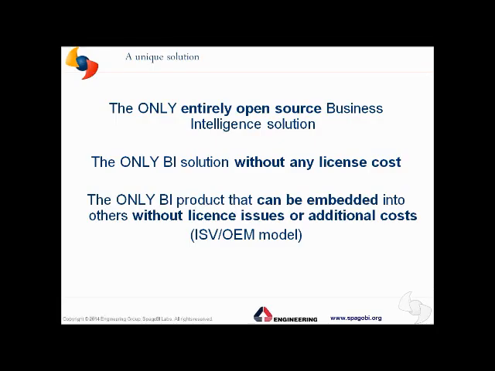Another important point regarding the license is that SpagoBI is released with an open source license. Maybe we'll talk about it in more detail, which protects the freedom of using the code, but it allows the embedding of SpagoBI into commercial products. So this means SpagoBI can be embedded in other products, which can be commercial.